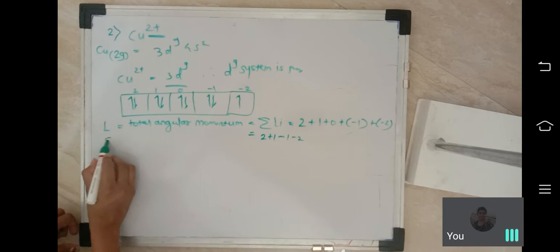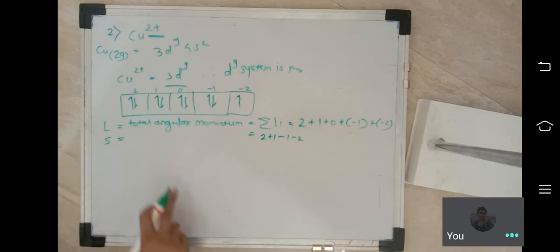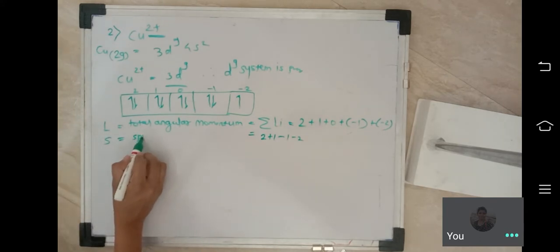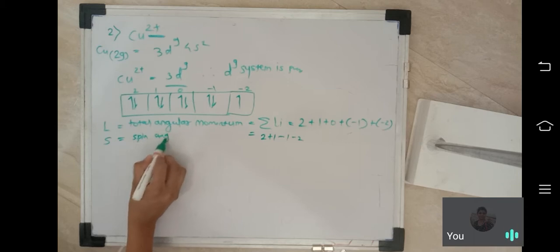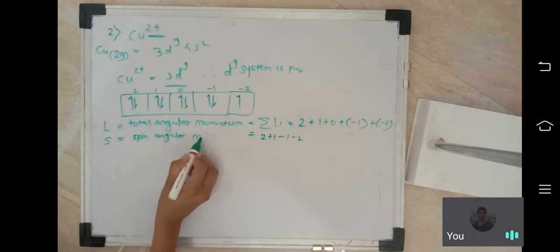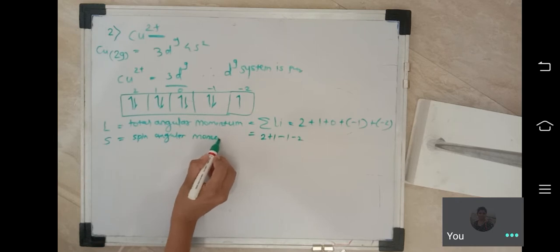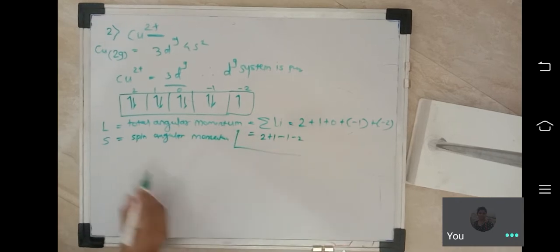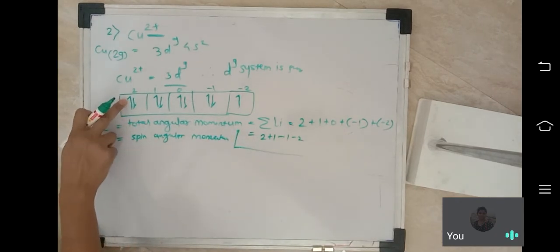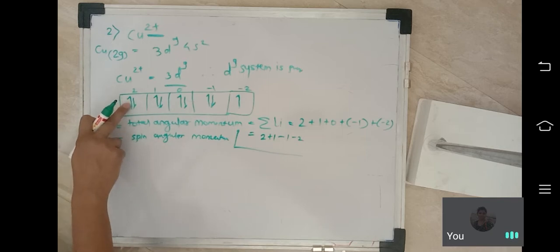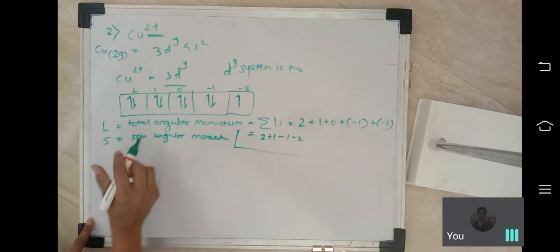Then again you have to find the value of S. S means spin angular momentum. Here the spins carry plus half, plus half, plus half, plus half, plus half.